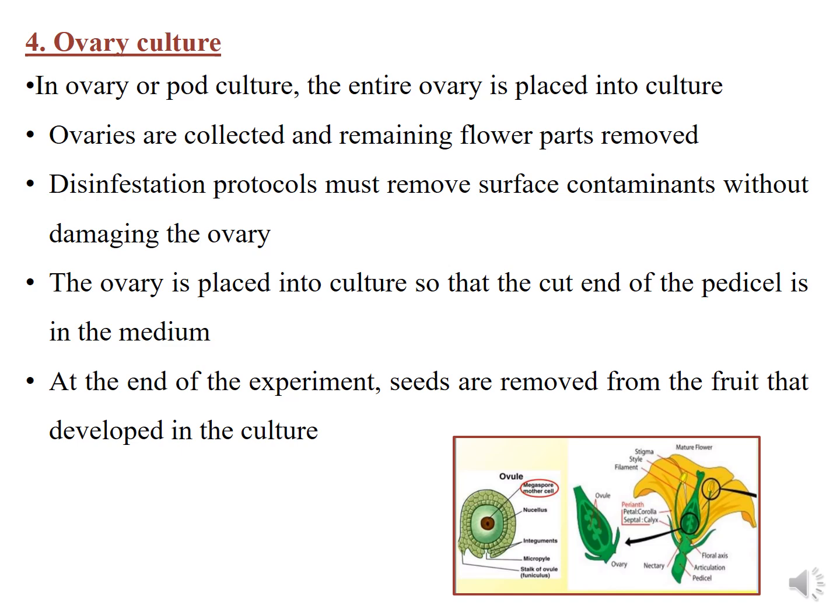While placing the ovary, we have to keep the pedicel placed in the nutrient medium, because it helps in the absorption of nutrients from the culture medium to the ovary, and from the ovary to the embryo inside. At the end of the experiment, seeds are removed from the fruit which developed in the culture, and those seeds will be utilized for growing viable plants.